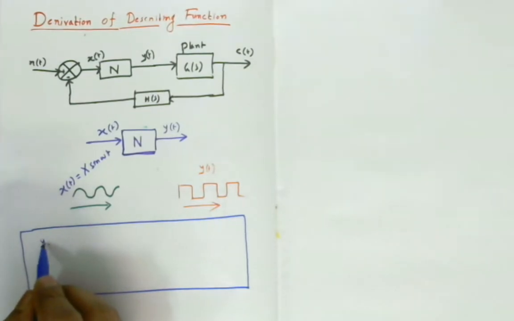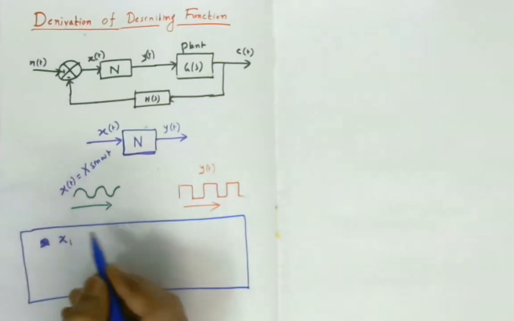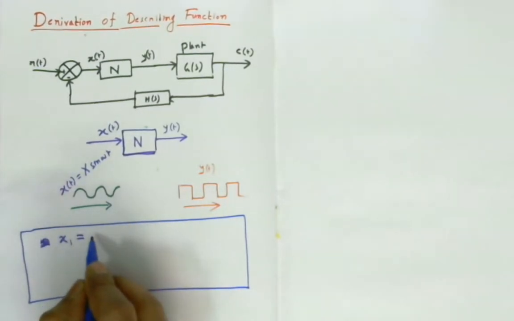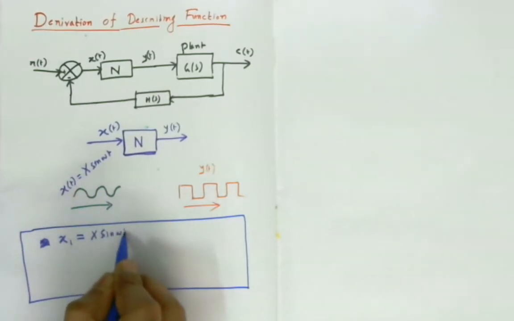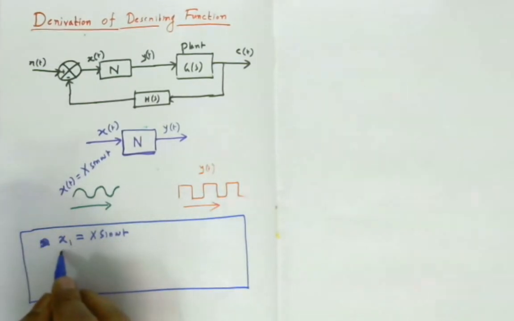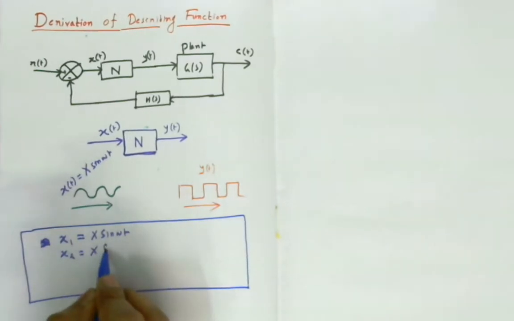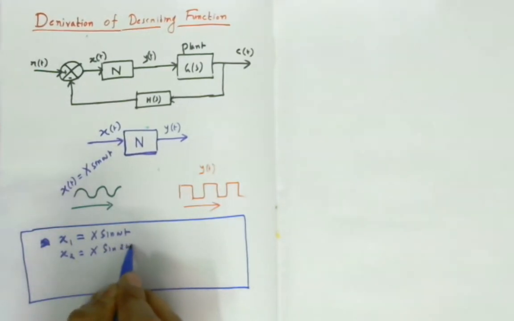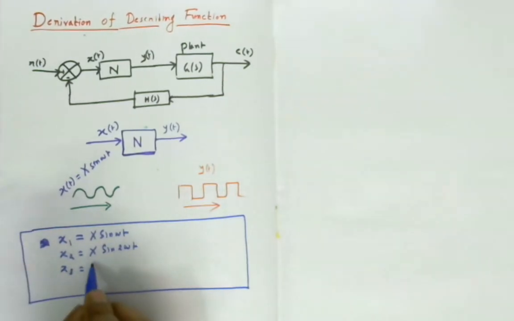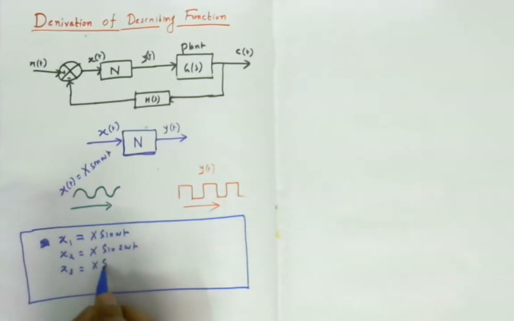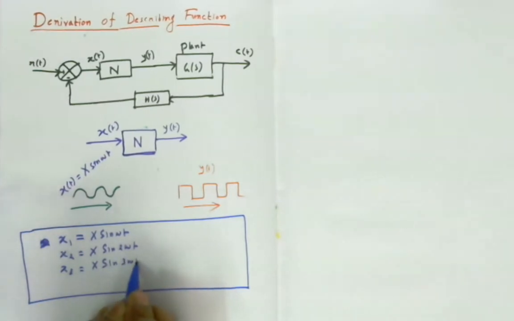Suppose I have a waveform, say x1 equals capital X sine omega t. Another waveform x2 equals capital X sine 2 omega t. Another waveform x3 equals X sine 3 omega t.